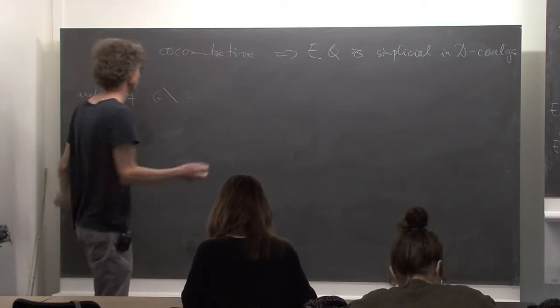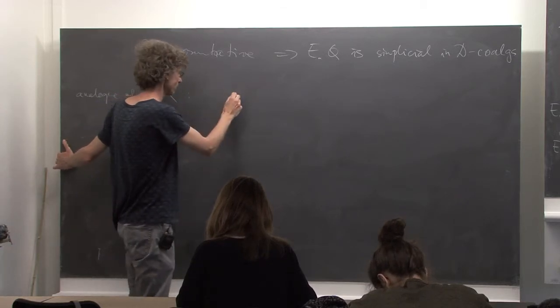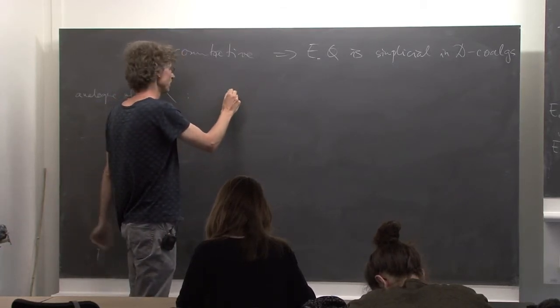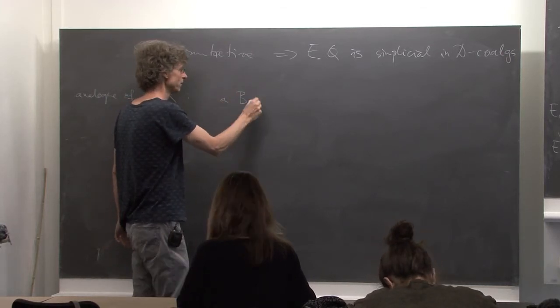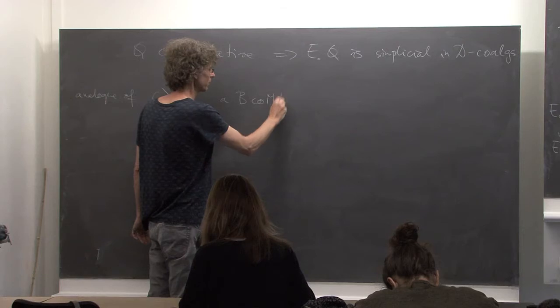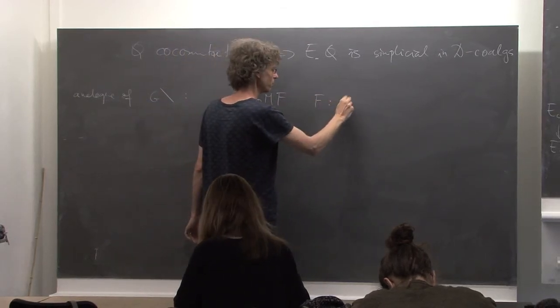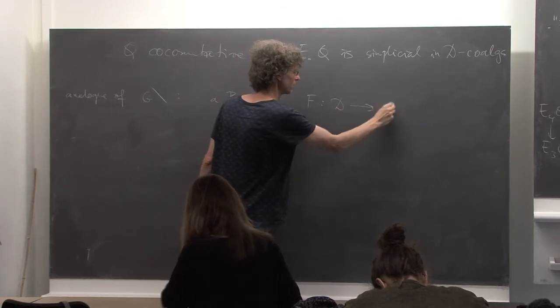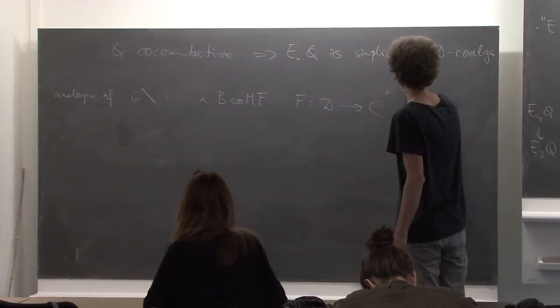Possibly, I'll just say it straight away, and then maybe give you an example. So what we need is a braided co-monoidal functor F going from D to some C. So here finally is the C, which is again a braided monoidal category.